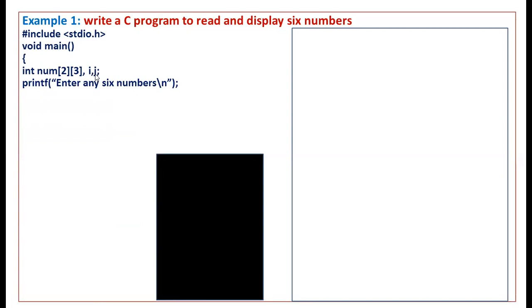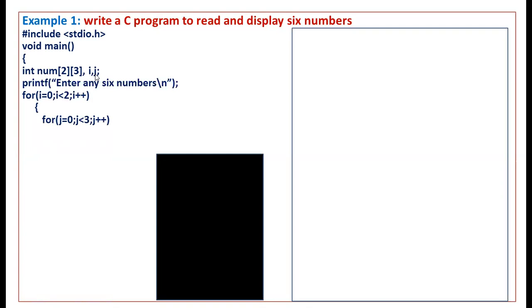How it can be added using for loop, we'll see now. In the first for loop, the size of row is 2. The first for loop is for row. Inside the first for loop, we need to write the second for loop for column.